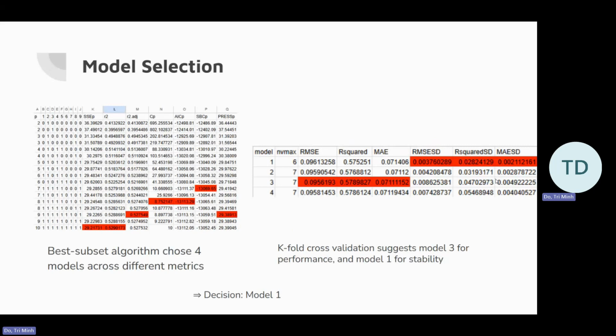To further confirm this, we do a k-fold cross-validation across the 4 models, which suggests model 3 has the best performance across mean square error, R-squared, and mean absolute error, while model 1 offers much more stability since it has the smallest standard deviations among these 3 metrics. However, since the performance across all 4 models is marginally different, while model 1 offers a lot of stability, we will use model 1.